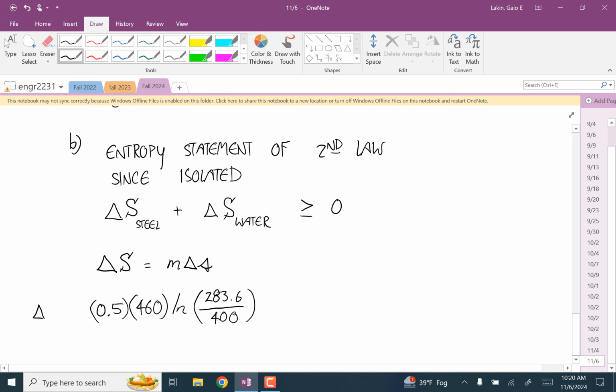So what we're calculating here is the change in extensive entropy, plus the mass of the water times the specific heat of the water, 4186, times the natural log of the final temperature, 283.6, divided by 283.